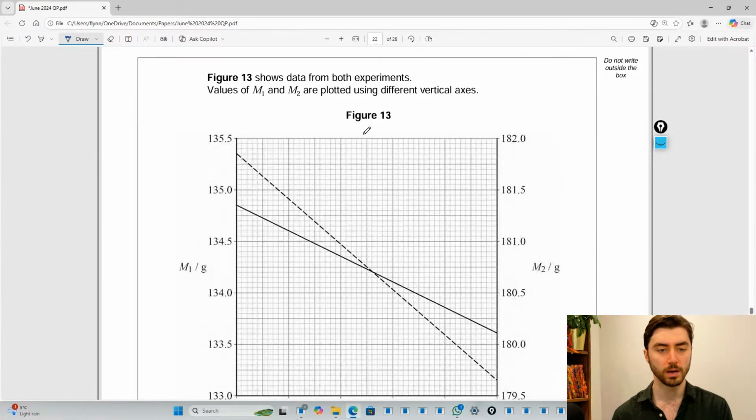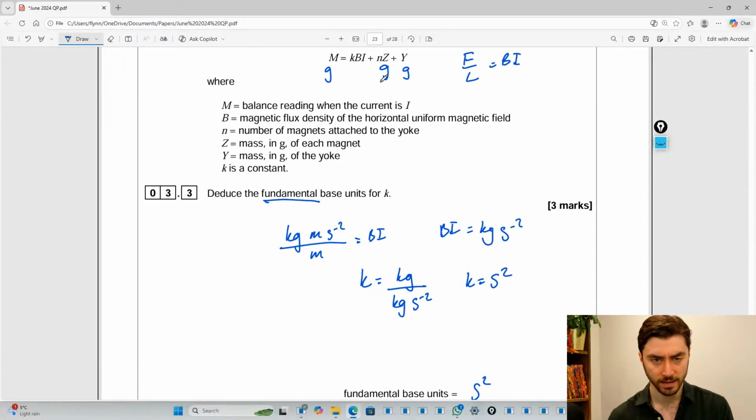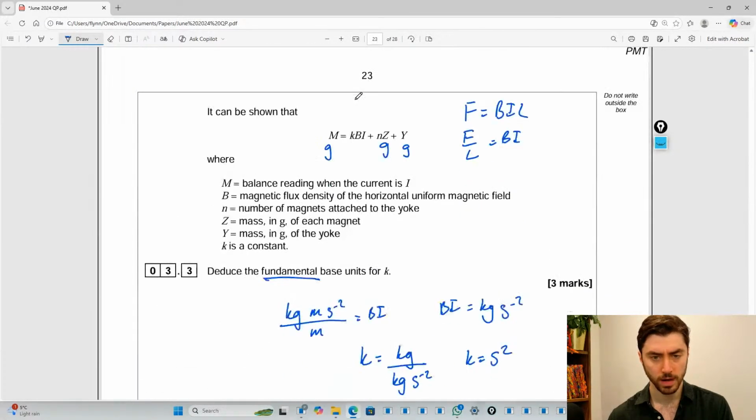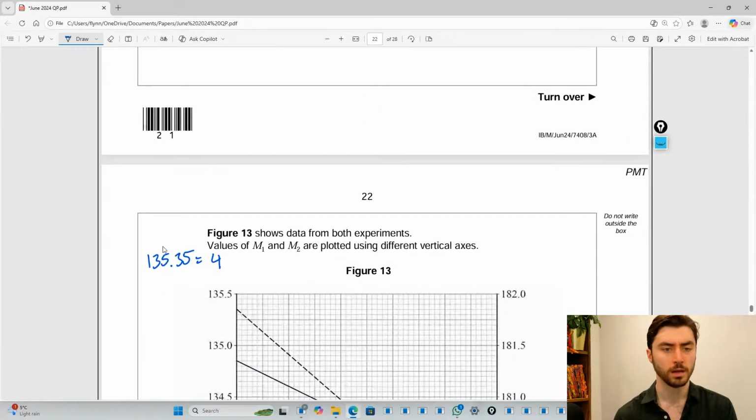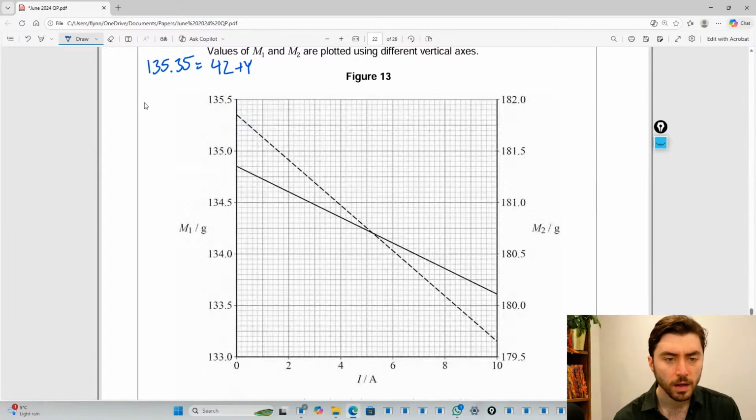So we know that 135.35 is 4z plus y. And we know that 134.85 is 2z plus y.